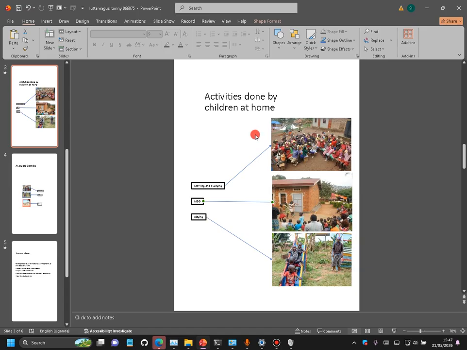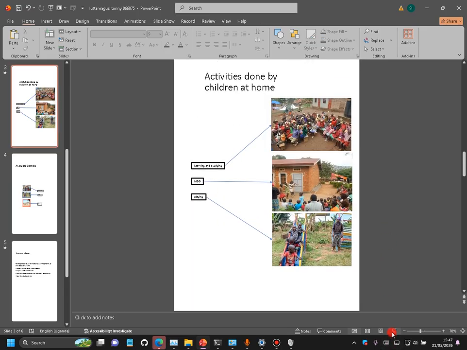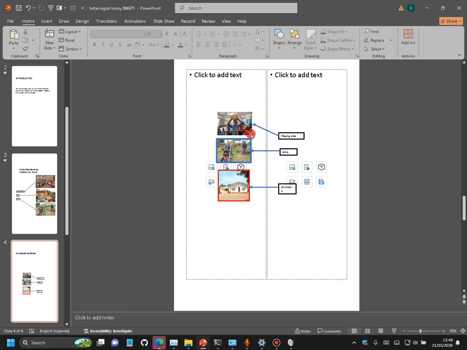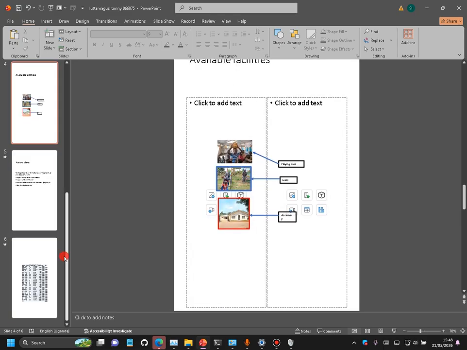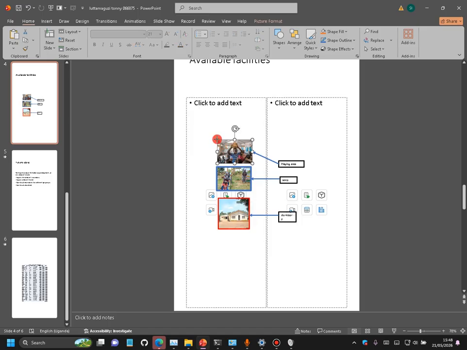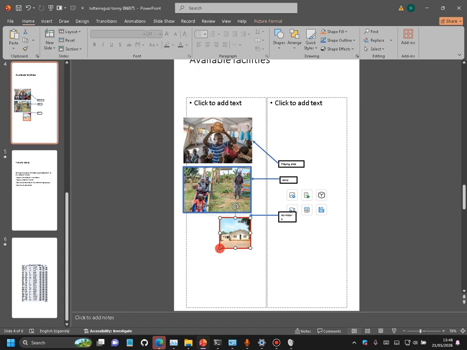Okay, so this is the presentation that we have, and this is how this slide will appear. Come to the next slide and also organize content there. The content here is we have images. Okay, and this one here.